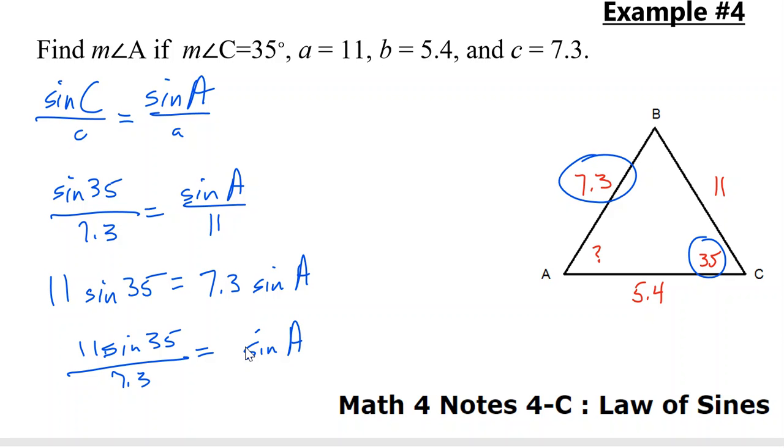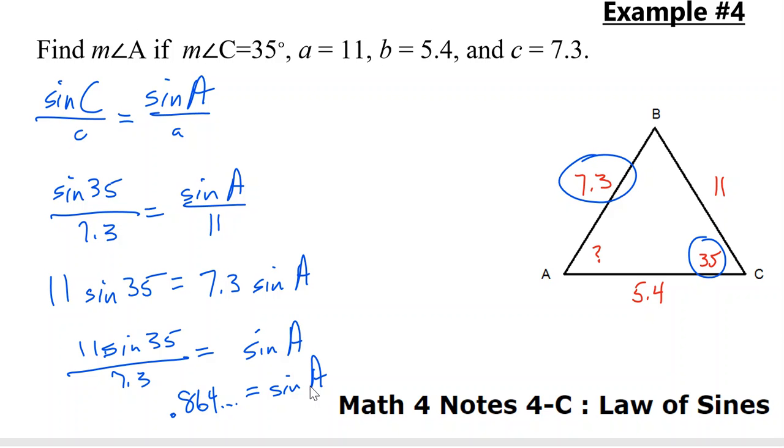And it is 0.864, yada, yada. So if I know that my sine of A equals that, how do I turn it into A? How do I know how many degrees A is?